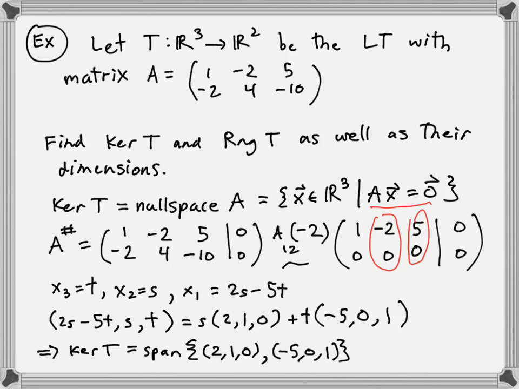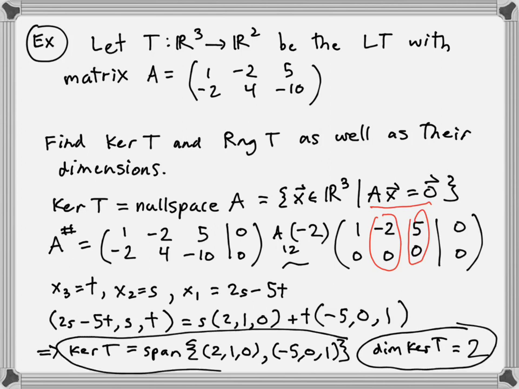In other words, these 2 guys span the whole thing. They form a basis. So this means also that the dimension of the kernel is equal to 2. Okay, so that's the answer to the first part. We're looking for the kernel and its dimension.